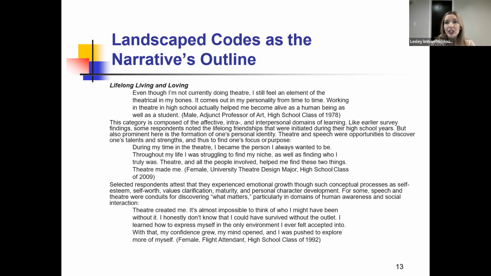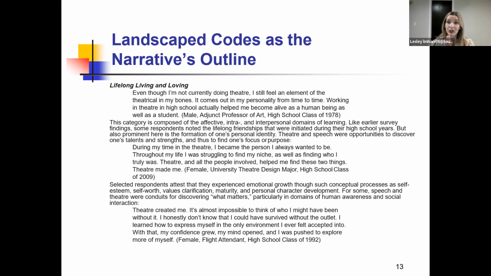You can then take your landscaped codes. Let's say one of your major themes is lifelong living and loving. You then can use your landscaped codes and fill in using two things. First, you're going to want to give a code definition. The theme we came up with was lifelong living and loving.